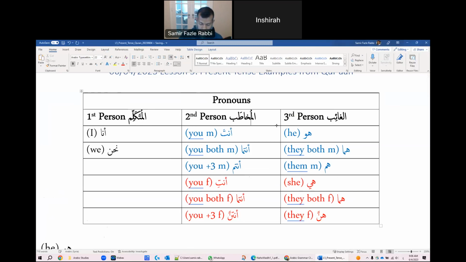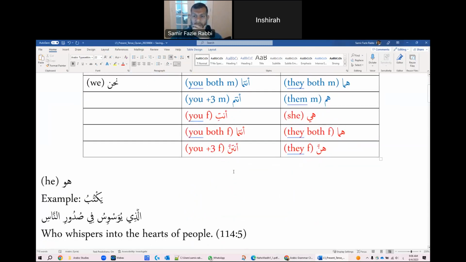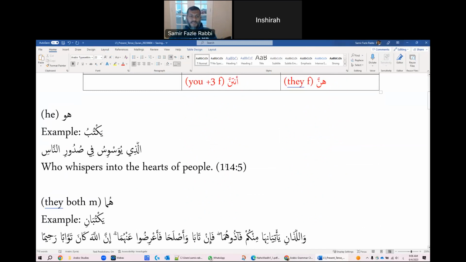All right, I'm just adding the tashkeel because you said, I don't know how to say this word, so I thought, let me add them. المتكلم المخاطب الغائب. All right, good. Okay, so here we have some examples from the Quran.